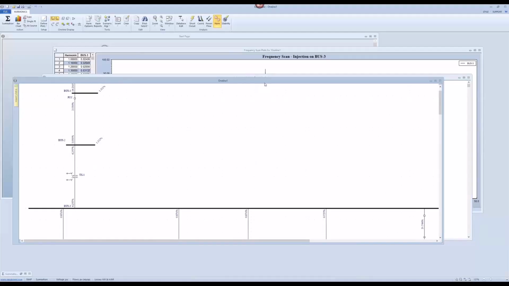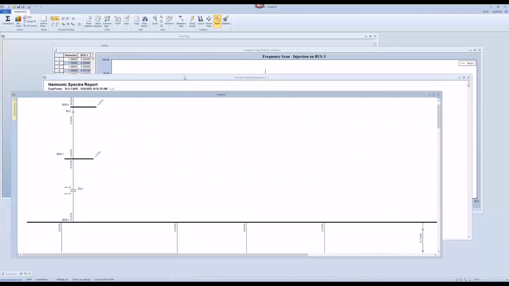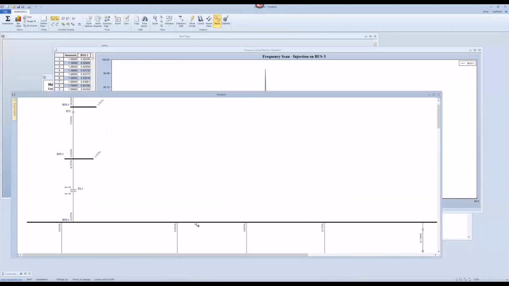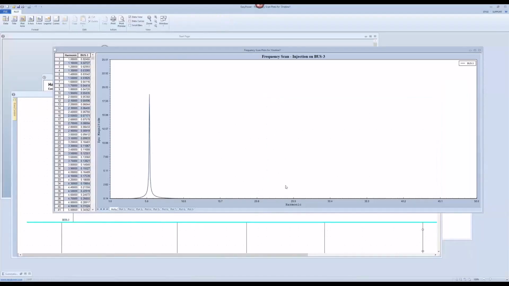But again, it depends on where your harmonic spectra are. You're lucky here because massive amounts of your harmonic injection are at high harmonic order. So if you move the resonance point away from the high harmonic order, then you avoid the problem from the high harmonic order.